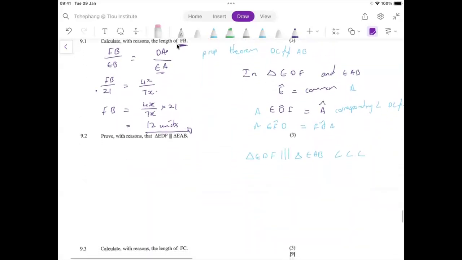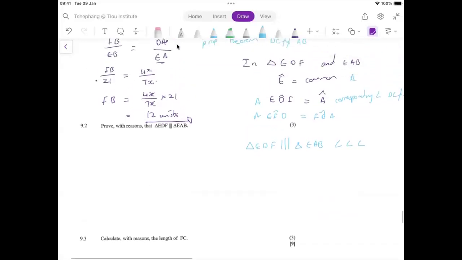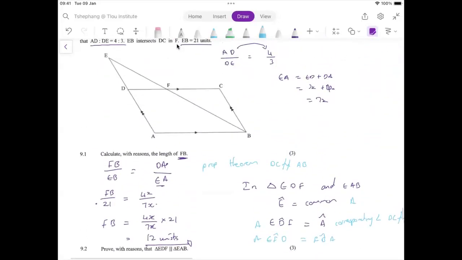Okay. 9.3, calculate with reasons the length of FC. Usually if they ask you to prove similarity, we are going to have to use the similarity that we just proved for the next question. And let's see what's happening. So we want FC, that part over there.